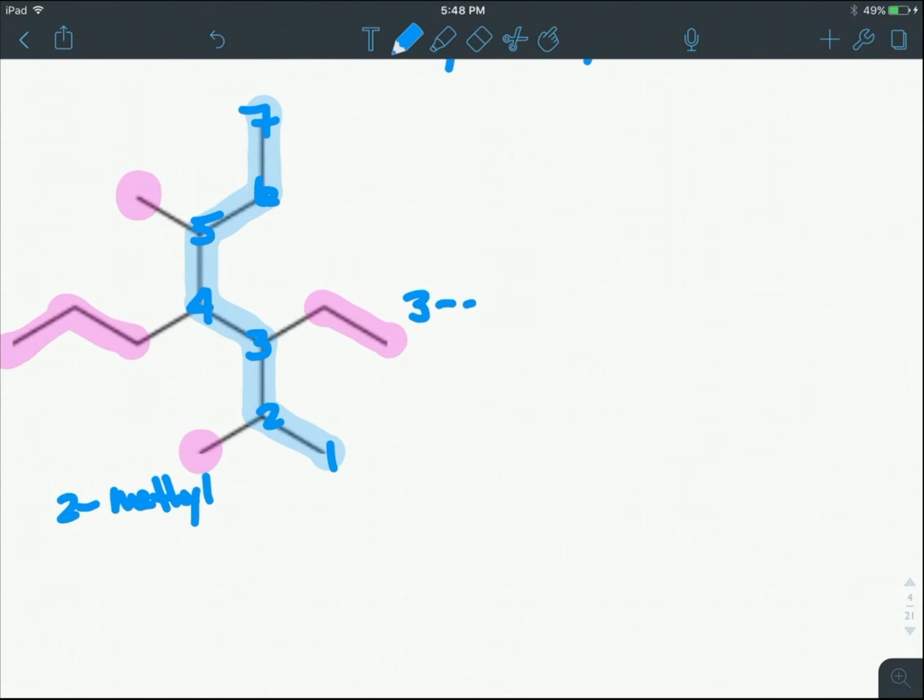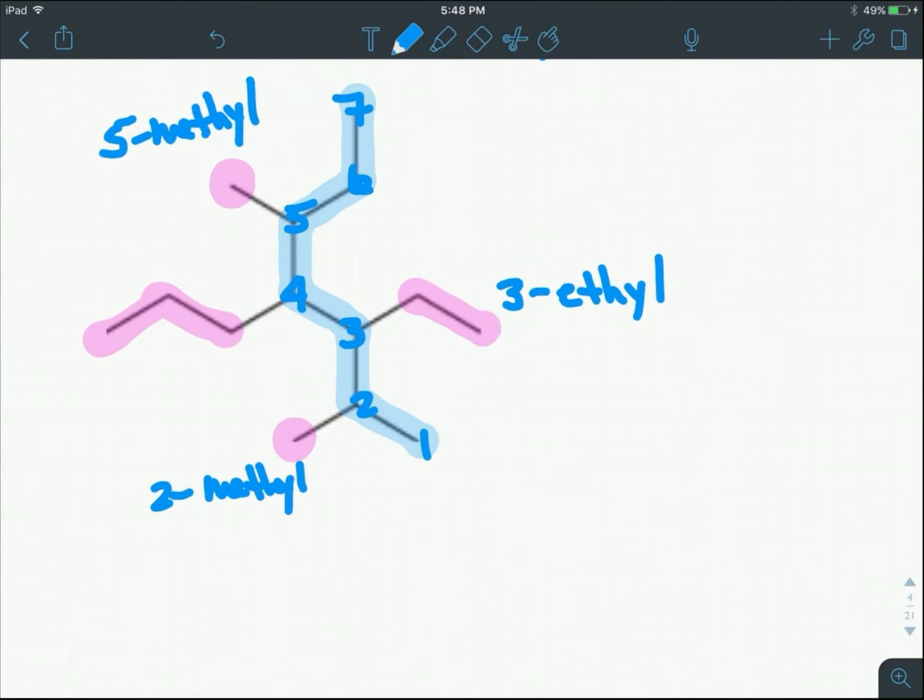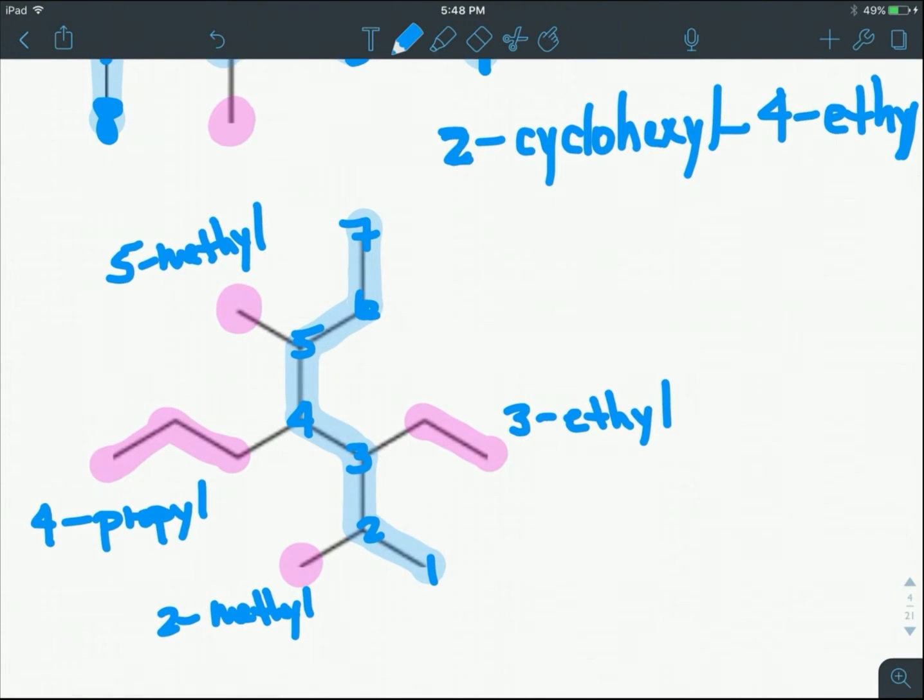We have a 3-ethyl. We have a 5-methyl. We're going to need to combine those in the name. And we have a 4, 1, 2, 3 carbons, so that is a 4-propyl. And because it is 7 carbons long, our root is hept. And it is all single bonds, so it is an alkane, A-N-E.